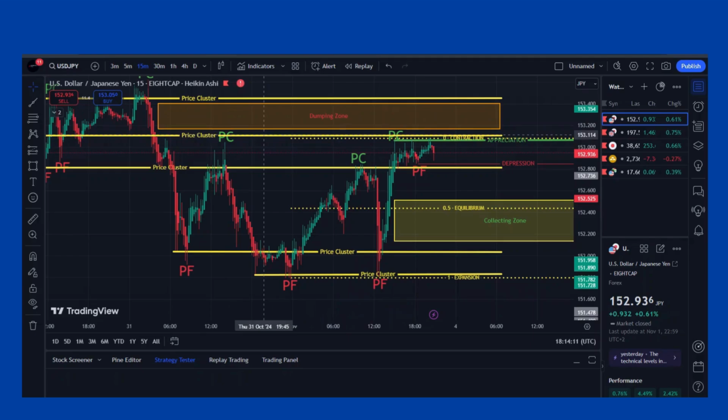And with the dollar, of course, there's a lot of news coming that will really affect the volatility, and that will give us a good return based on the market momentum shift.